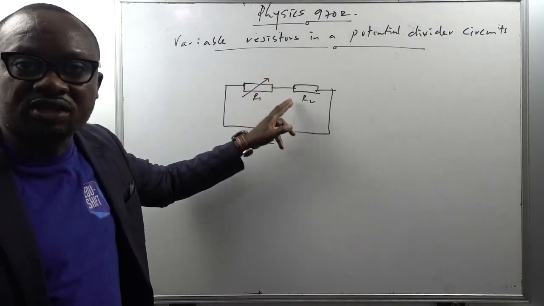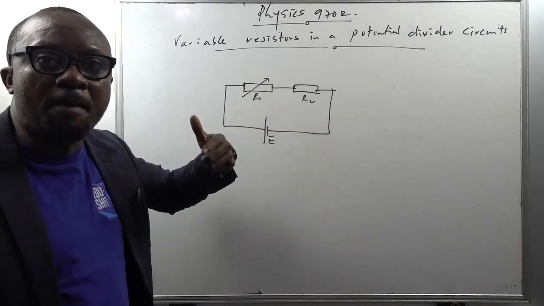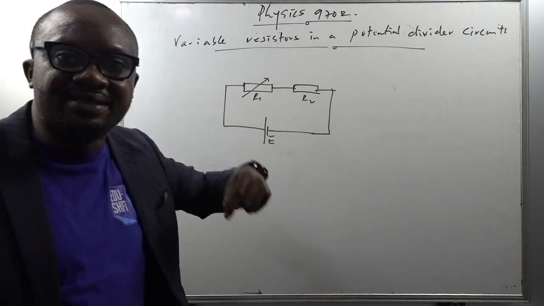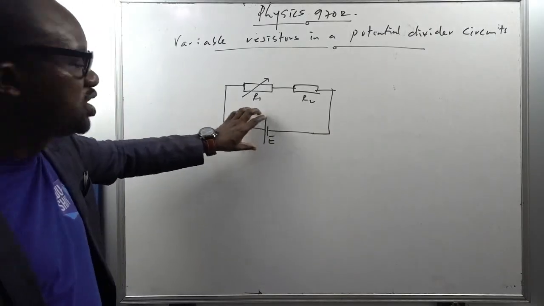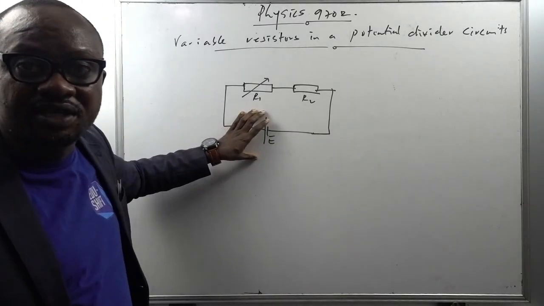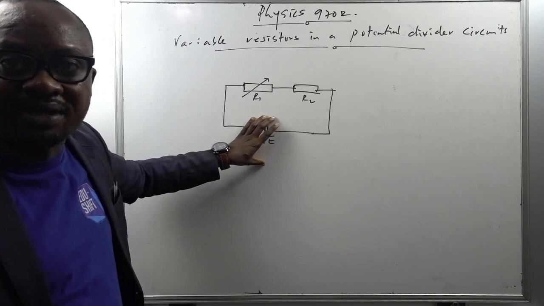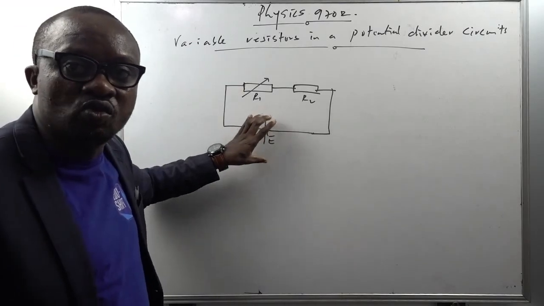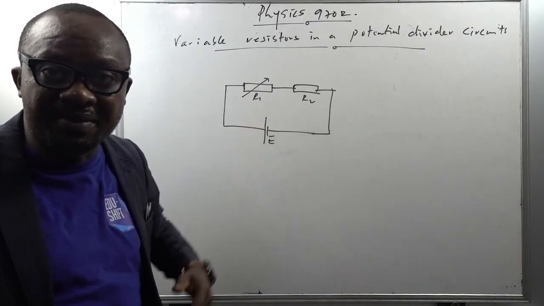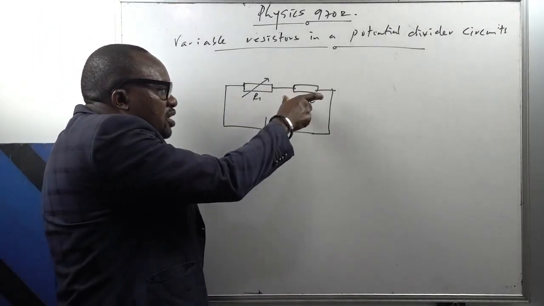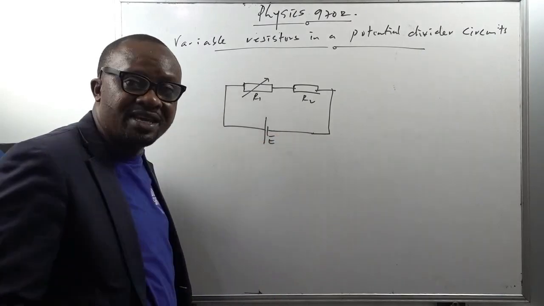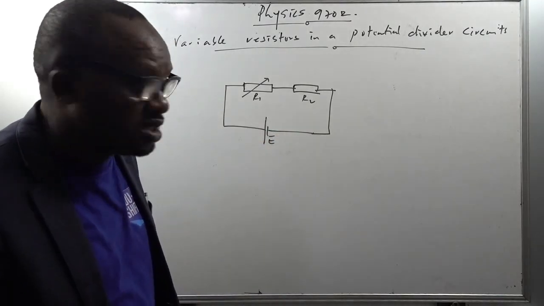But the PD across the fixed resistor will complement the PD across the variable resistor in order to still produce a constant EMF, because the EMF of the circuit is still what? Is still constant. What do I mean by complementary? It simply means that the PD across this plus the PD across it will always produce the same EMF of the what? Of the circuit.